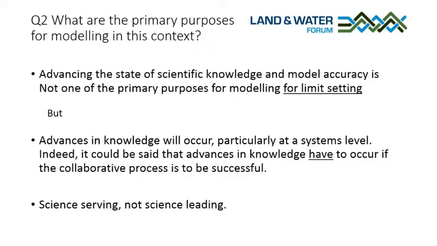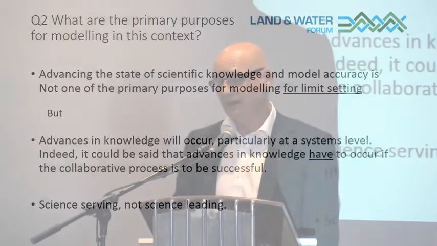So what am I really trying to say here? Well, I guess the best way I can sum it up is that the role of science and of modelling in this process is to serve the zone committees or the FITUA committees or the flag groups or whatever you happen to label your collaborative committee with. So science serving, not science leading.